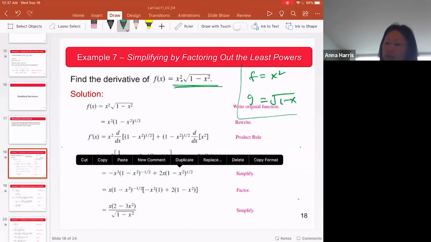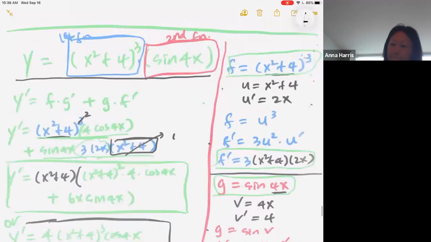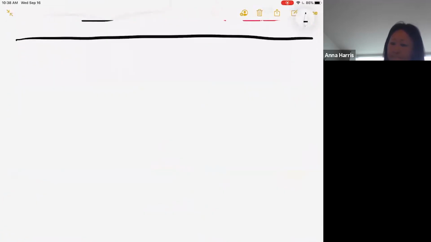In fact, let's do this problem, and then we can probably finish our lesson after that. Let me do this problem in a notebook. So y is equal to x squared times square root of 1 minus x.